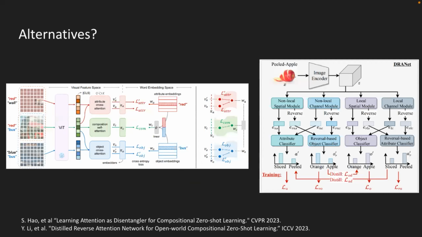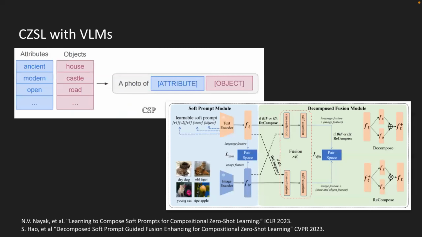You will see also here at ICCV that there is a paper that works explicitly on this setting. But also we can bring back our friends, the visual language models. The approach at the top just learns some soft prompts for attributes and objects.